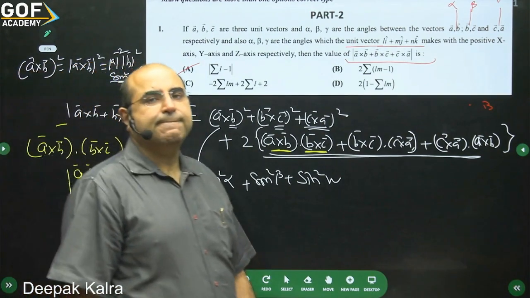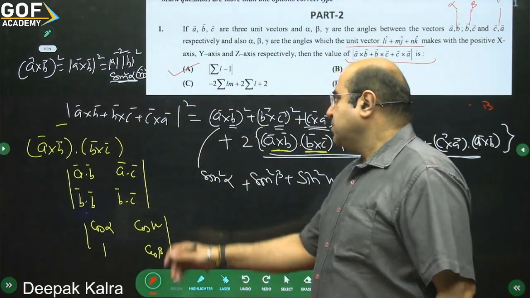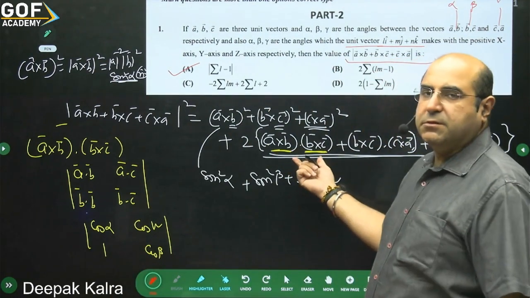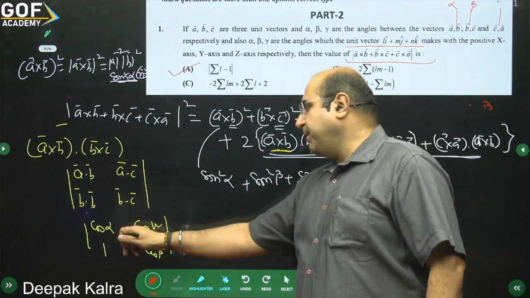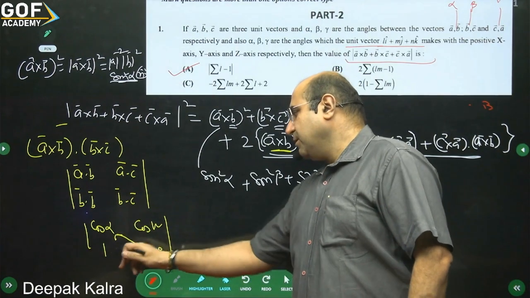Am I clear? So this is the answer of first scalar 4 product. And when you open, it becomes cos alpha cos beta minus cos gamma.